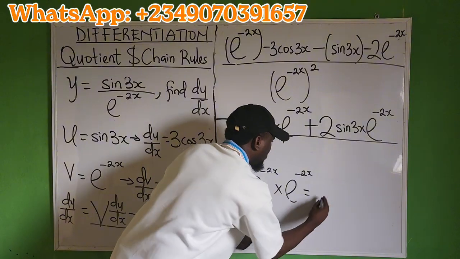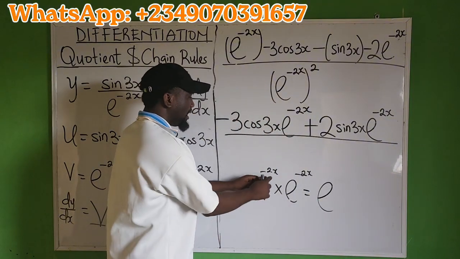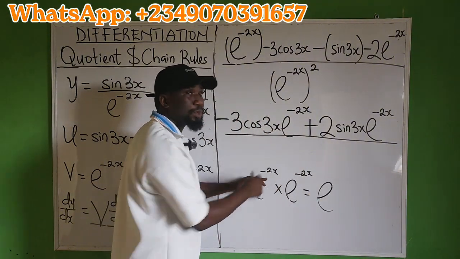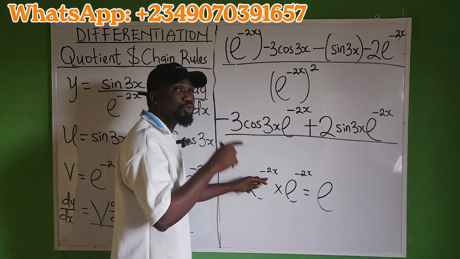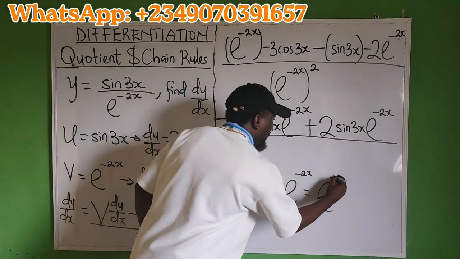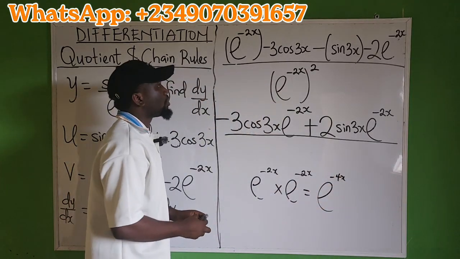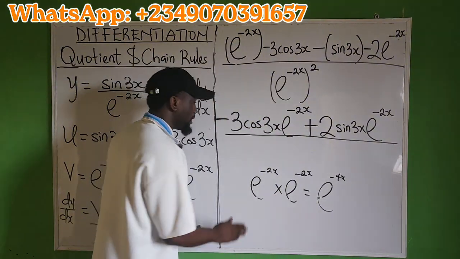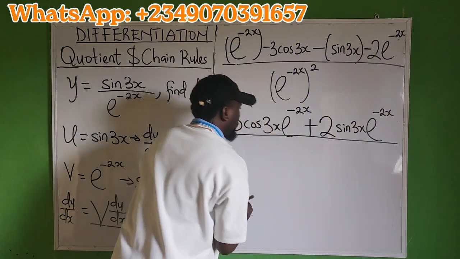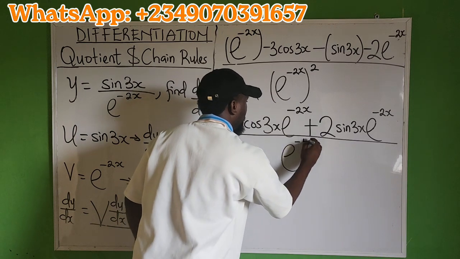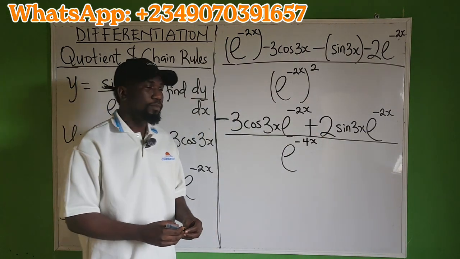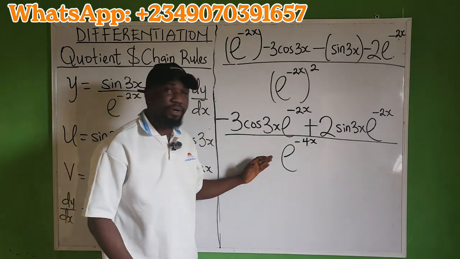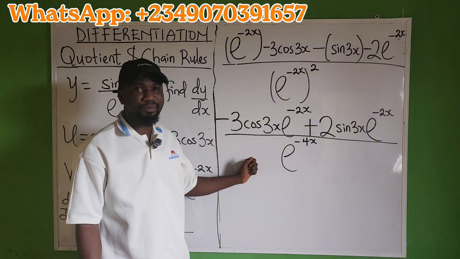Pick one of the bases, which is exponential, then negative 2x plus negative 2x, that's minus 2x minus 2x, and that's minus 4x. So what we have here is exponential negative 4x. So are we going to have this as our final answer? No. Why?